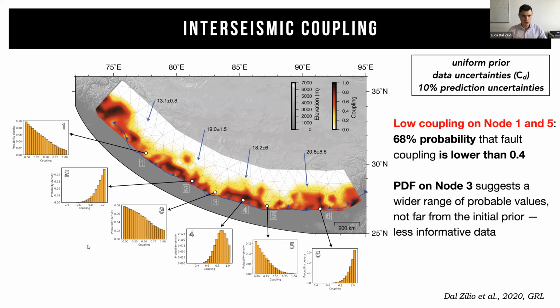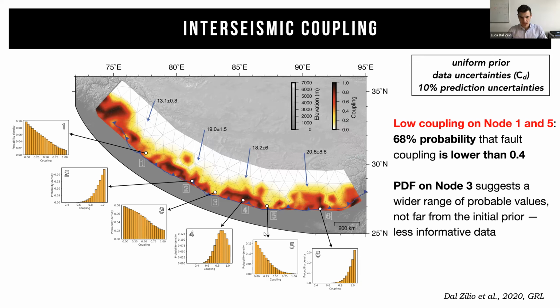And when we look at the distribution of point 3, you can see that the distribution tends to be flat between a coupling of 1, which would be red to black, and a coupling of 0. So this is just an example to show that point 3 is not well constrained, and the data we have in the region around this place are not very informative to constrain this point properly.